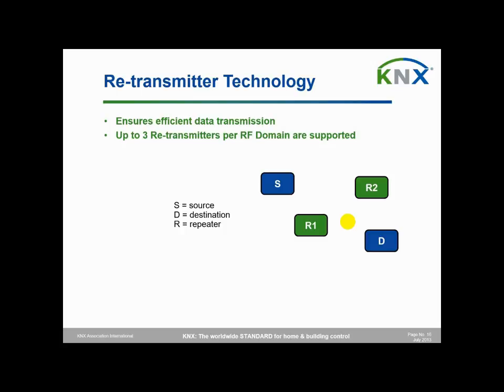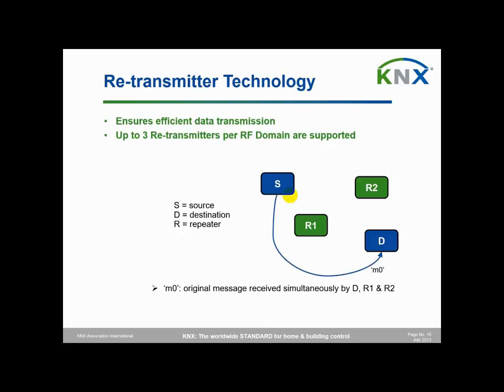Let's say that this source device wants to reach this destination address, and that two devices are in between, used within this RF domain as retransmitters, so R1 and R2. Now suppose that the message M0 is the original message, sent out by S.